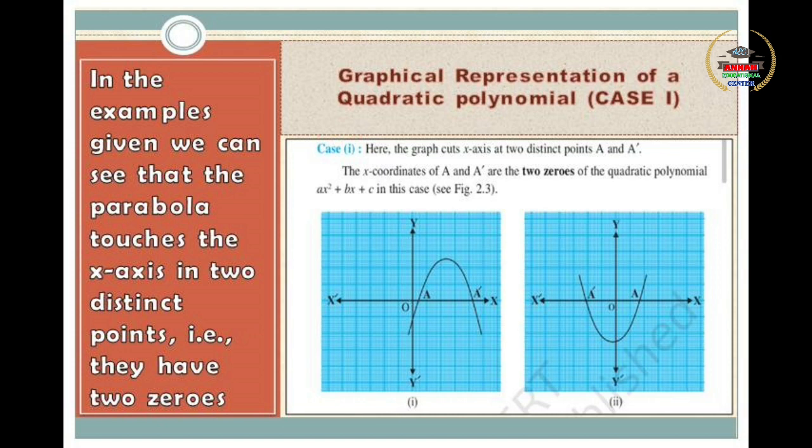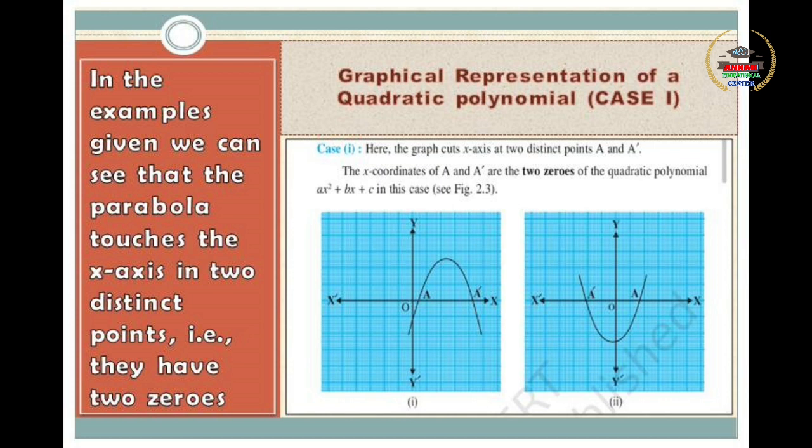So whenever you see a parabolic curve, it is the graphical representation of a quadratic polynomial, and since it is touching the x-axis in two distinct points, it is going to have 2 zeros.